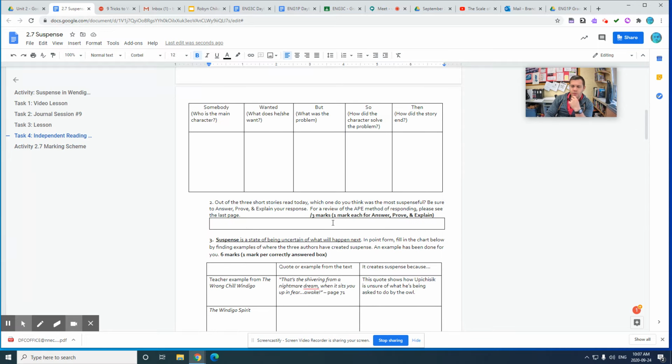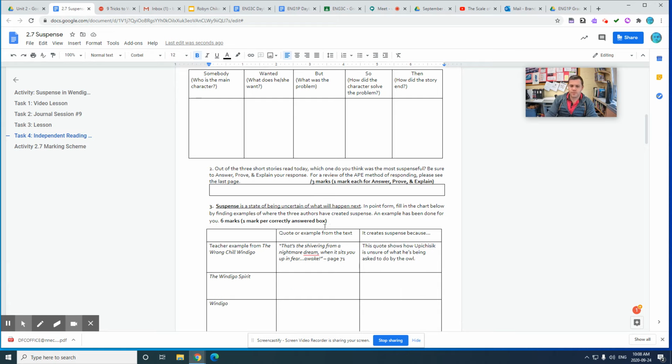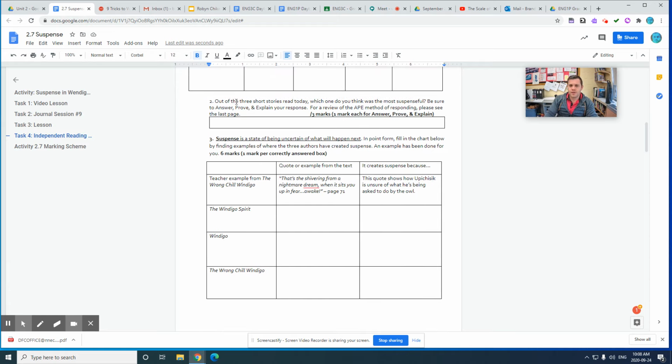So I think the most suspenseful story was blank because blank, and there's your answer right there. Then give me a proof and then an explanation of that proof. And so you just need 3 sentences minimum. So you get 3 marks, 1 for your answer, 1 for proof, 1 for explanation.